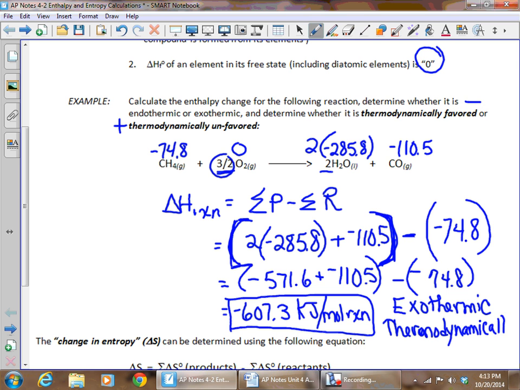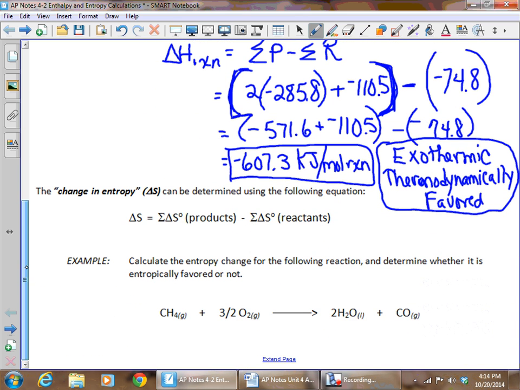I know it's a heck of a word to write, but thermodynamically favored. So based on our calculations then, and this is part of the answer that needs to be boxed in, we've got this reaction being thermodynamically favored as far as enthalpy is concerned.